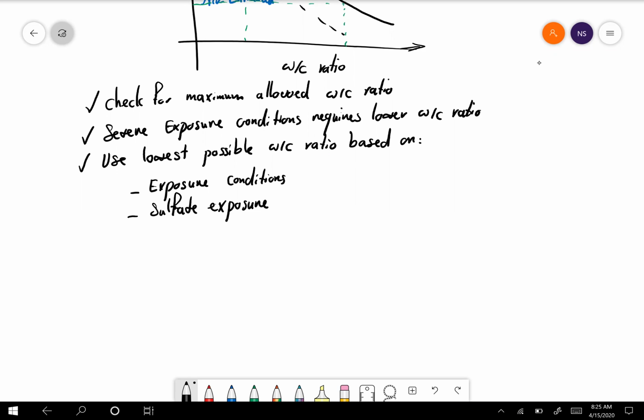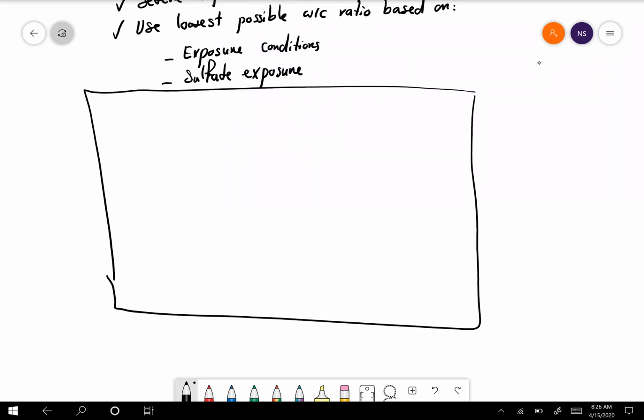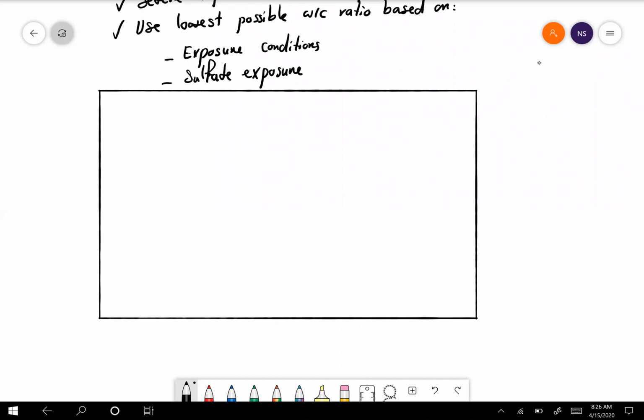And then there's a table from ACI. We've mentioned ACI before, but ACI is American Concrete Institute, and they have the most important standards for design of concrete. Course notes that I post later on.